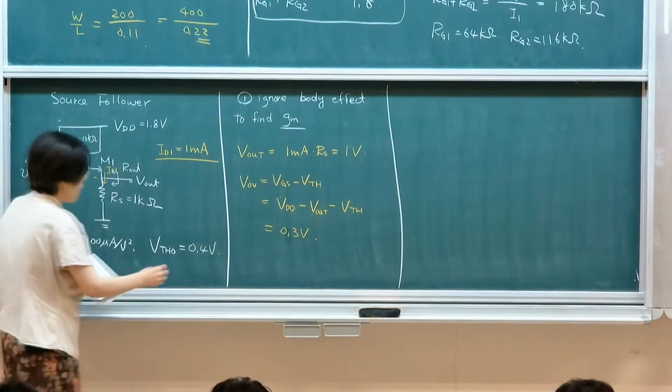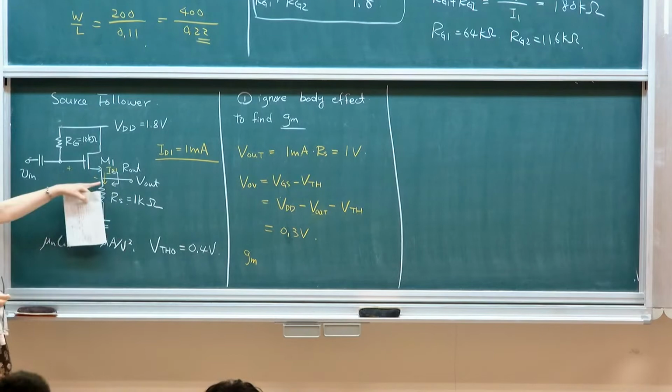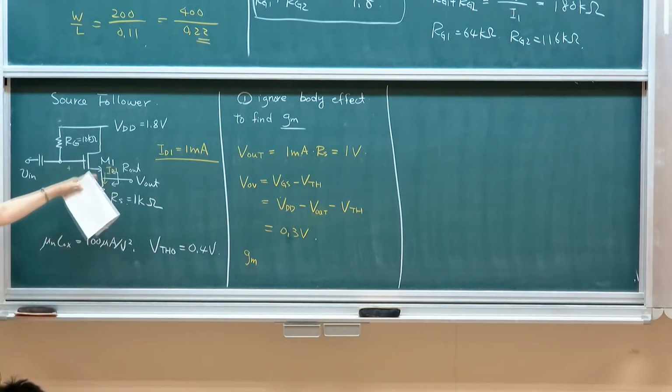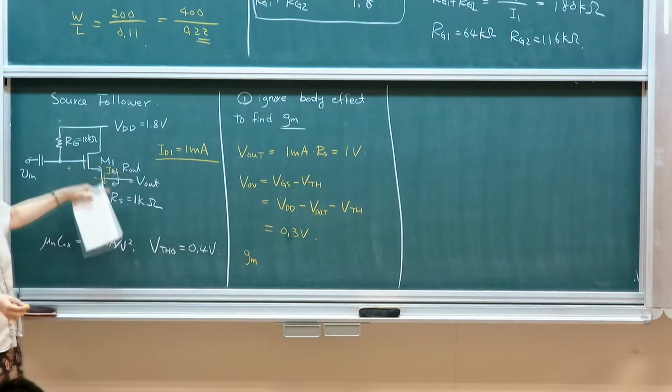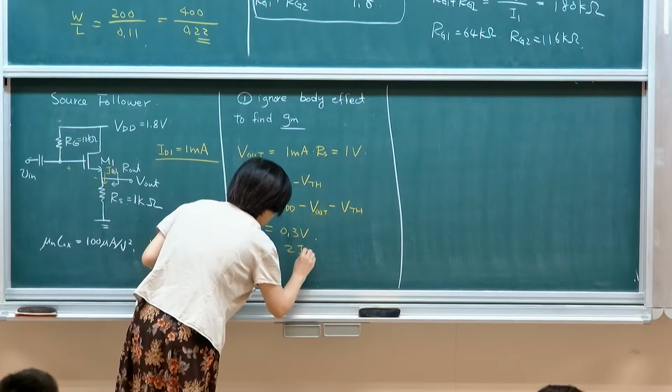So I could actually get my gm, transconductance gm, without knowing the device size, because this is the design. I already know the current. So whatever W over L will give this current under the circuit. So this will be 2ID over the overdrive.